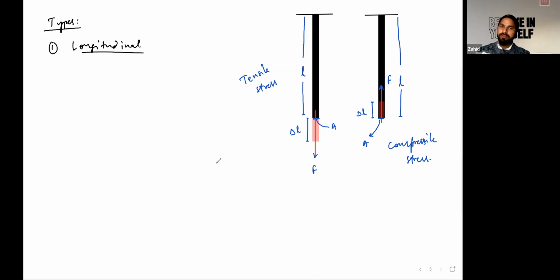We first define tensile stress. If deforming force is applied on a body to elongate it, the force applied to elongate it per unit area is called tensile stress.